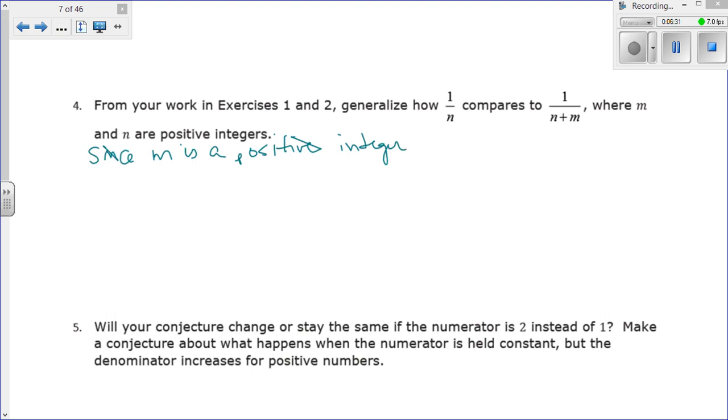being added to n, the denominator is going to get bigger.